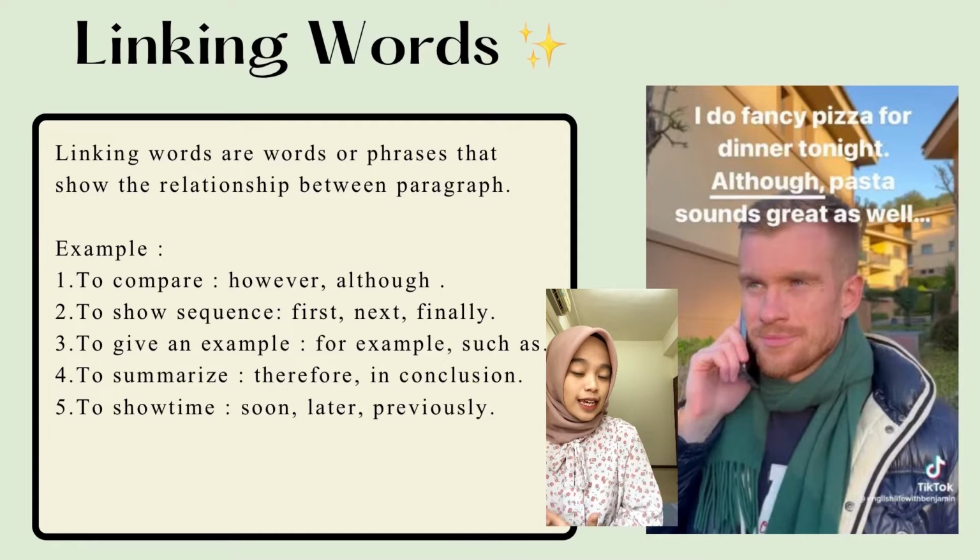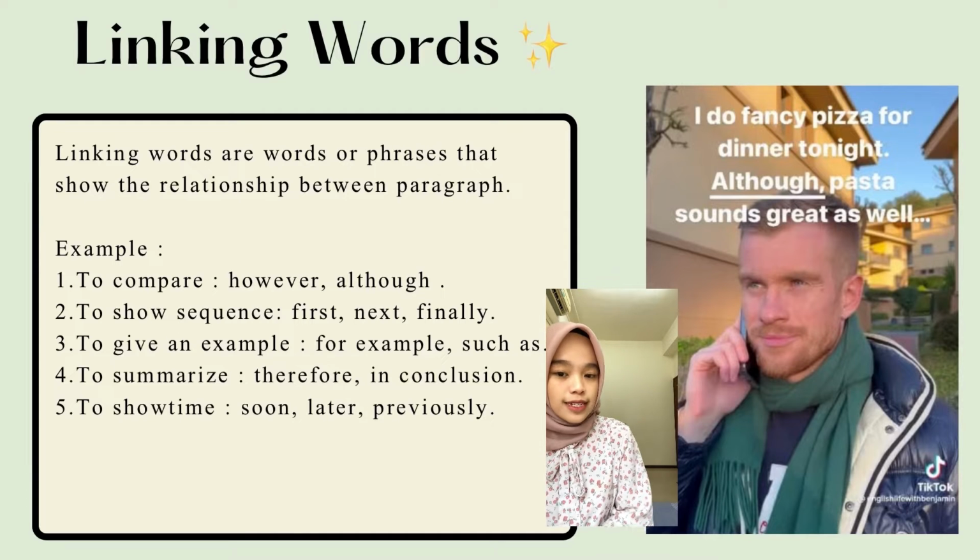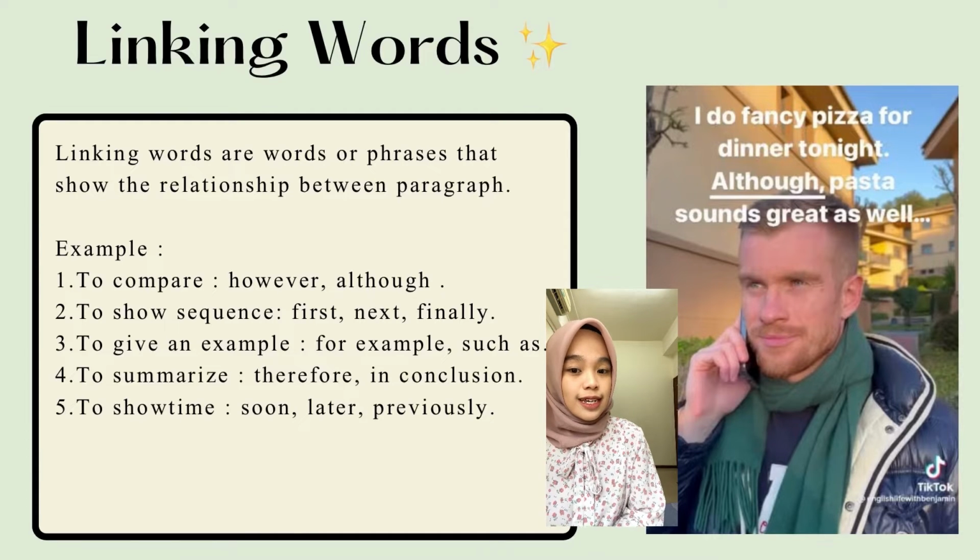We can use linking words to give examples, give information, summarize, sequence information, give a reason or result, or to contrast ideas. Linking words also increase cohesion in your writing by connecting ideas, and they increase clarity in our writing so we can say exactly what we want to say.